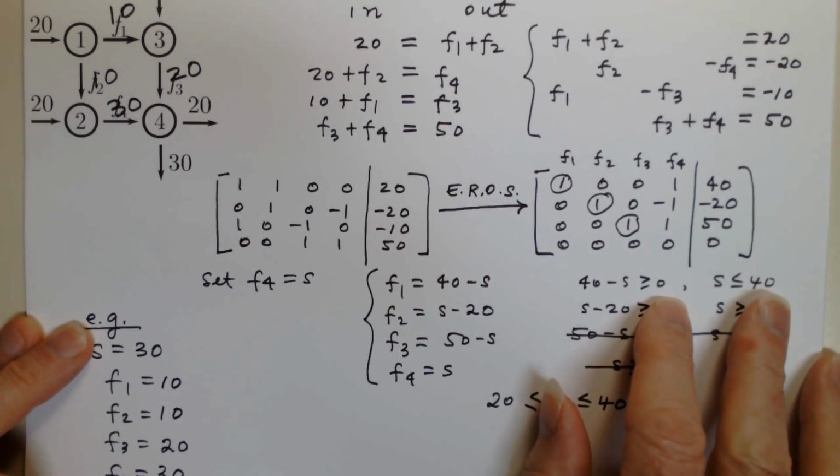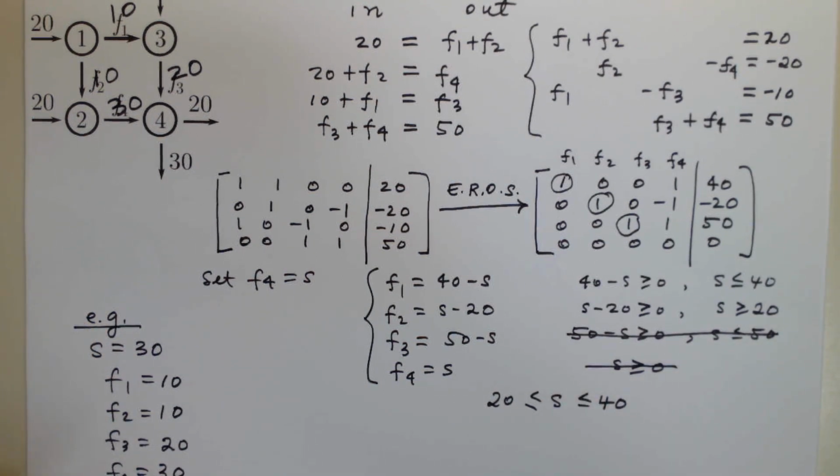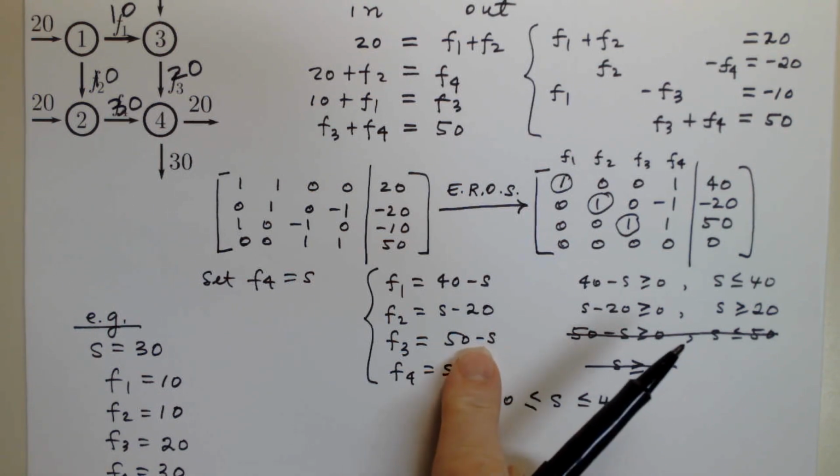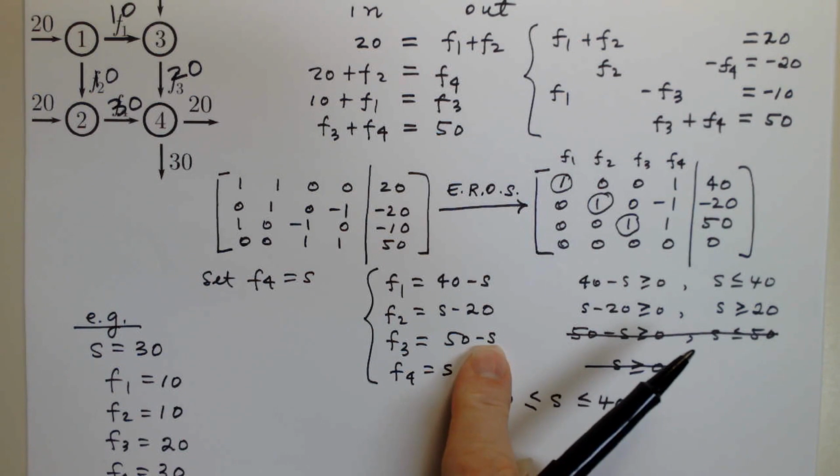Now, if we remember part B of this question, part B was asking us to think about the situation where F3 was at its maximum possible flow. Now, when we look at F3, we have to ask ourselves, what's the largest possible value for F3?